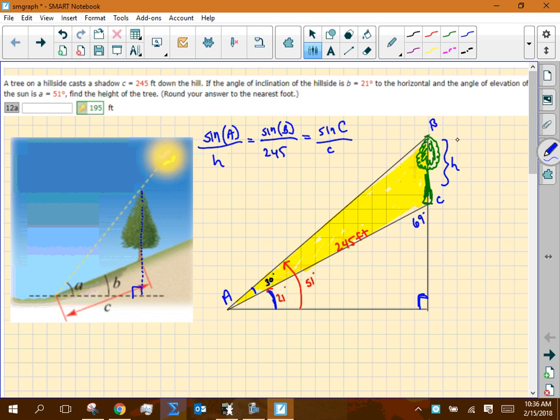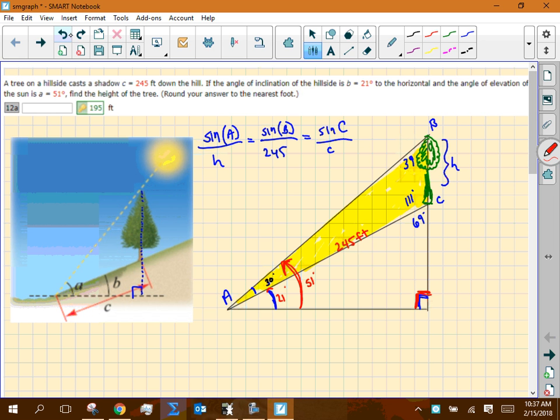That being said, I know that this here is 111, because it has to be supplementary with the 69, making this angle up here 39. And there are other ways we could do that. We could look at the right angle, and that angle is 51, this one's 90, and then that one has to be 39, if we're looking at the entire red triangle adding up to 180. So there are different approaches you could use to find those missing angles.